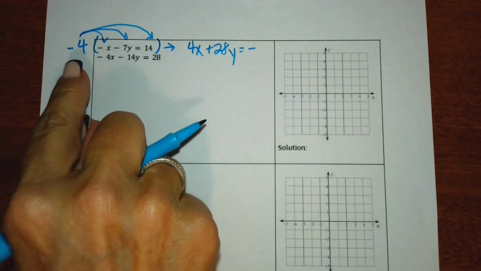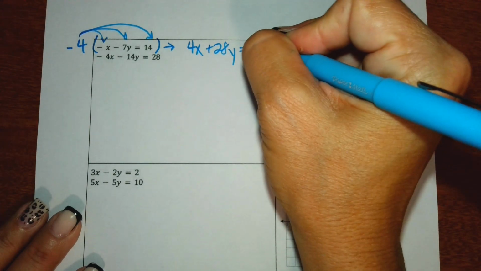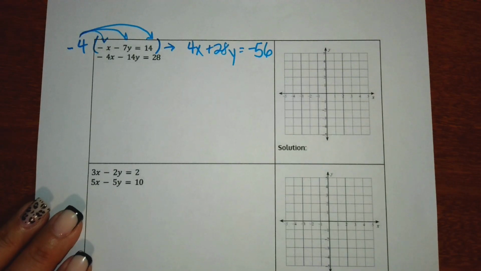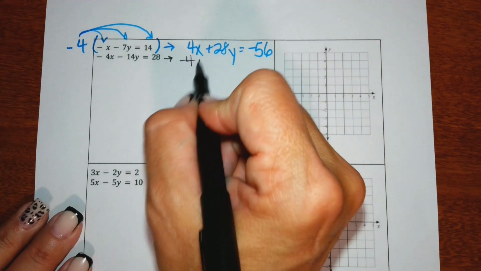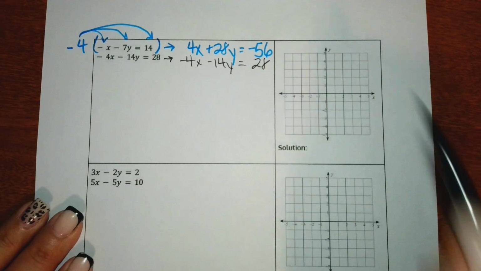So 4 times 14 is 56, so you get negative 56. Now I don't need to change the bottom one. Negative 4x minus 14y equals 28.